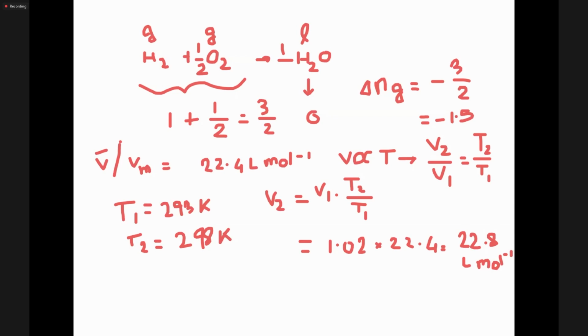So the work done by the surroundings on the system will be, the pressure is 1 atmosphere, and we are dealing with the change in the moles of the gaseous components of the gas mixture. So it will be 1.5 mole in negative, because delta Ng is negative.